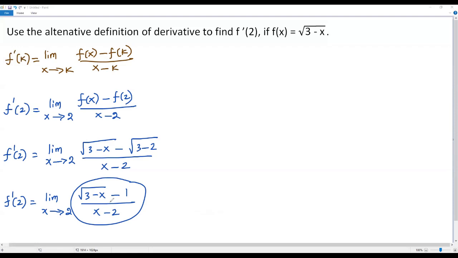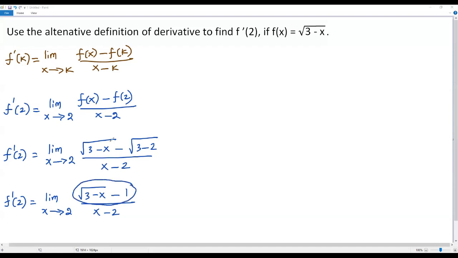Otherwise, we should try to see if there is any possible simplification. I think we can try to simplify the function here. Since the denominator contains the variable x, this is a rational function, and in the numerator we have a radical, that is a square root. Whenever I want to simplify a rational function which contains a radical in the numerator or denominator, we can take the conjugate of the part where we have the radical.